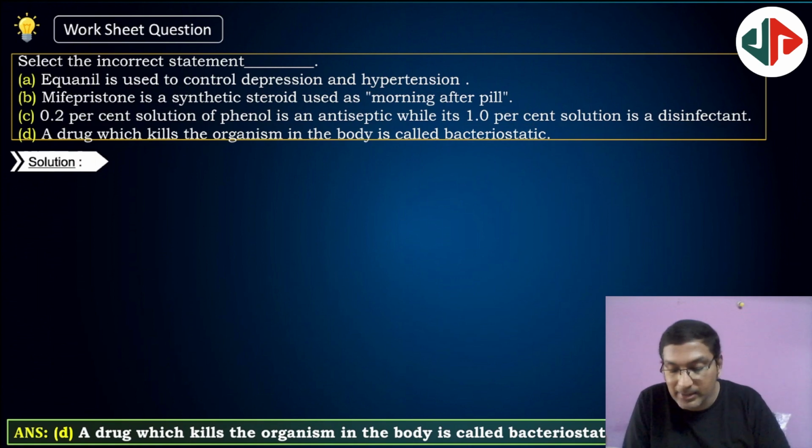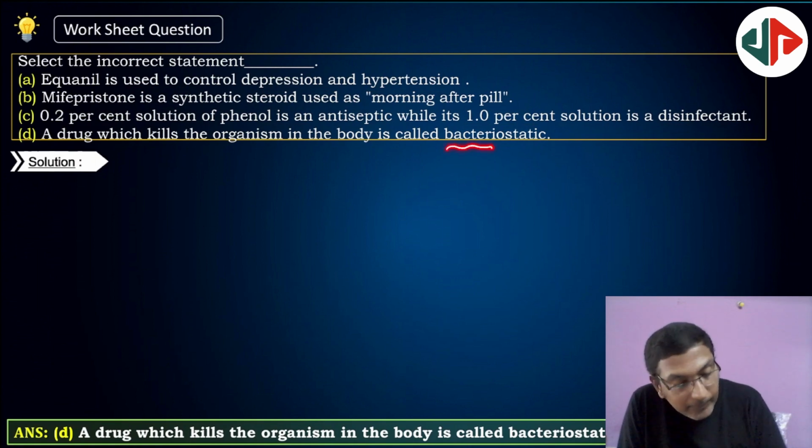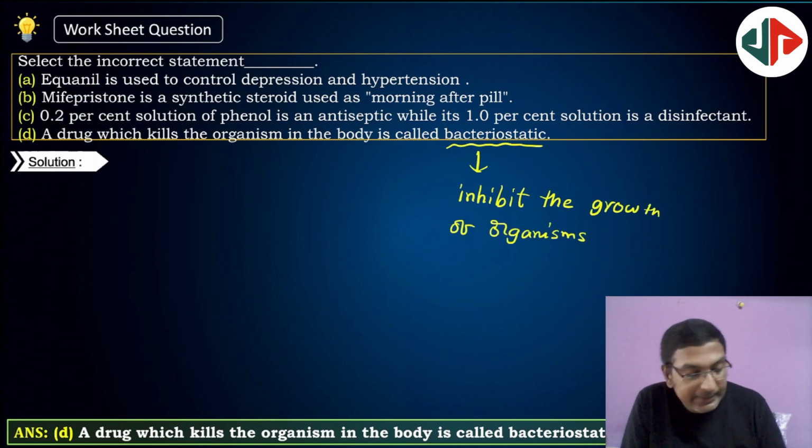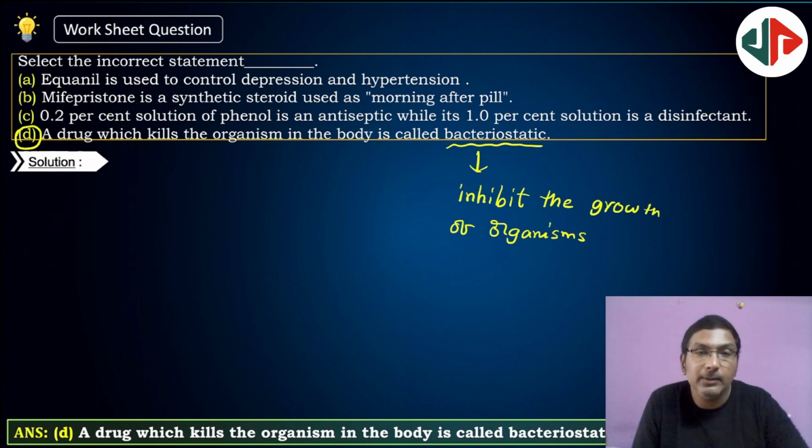So bacteriostatic can inhibit the growth of organisms, not kills. Therefore D is incorrect. So bactericidal means that can kill organisms. Next.